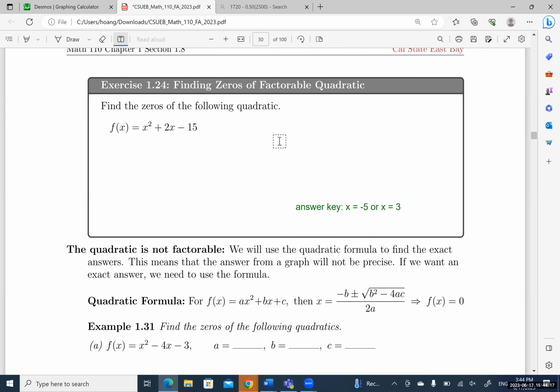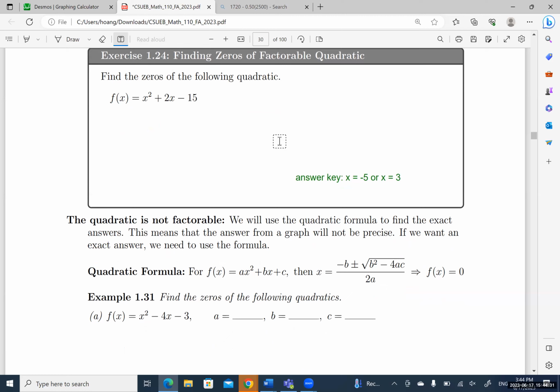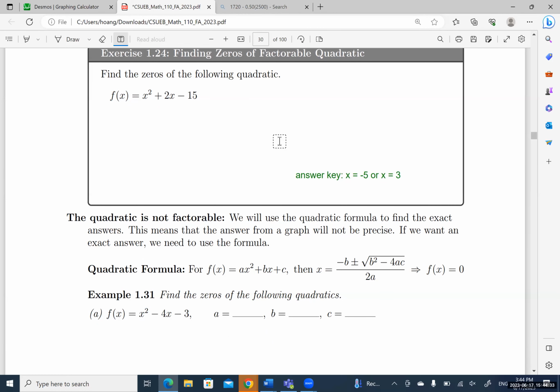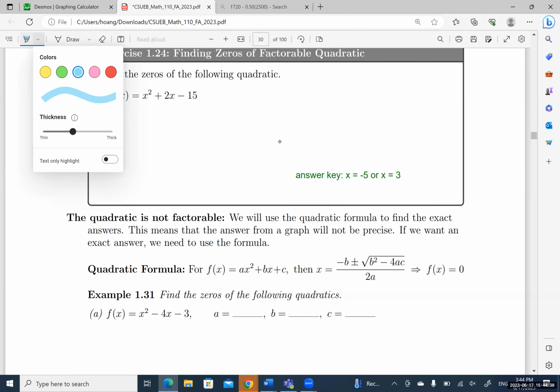Keep in mind that we are still working on the factorable quadratic case. This case we can still handle by factoring. Now, what happens if we have a case that we can't factor?